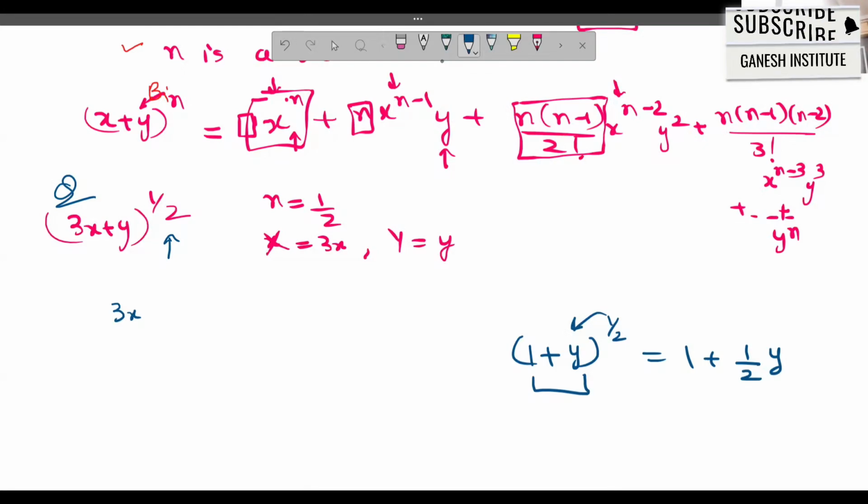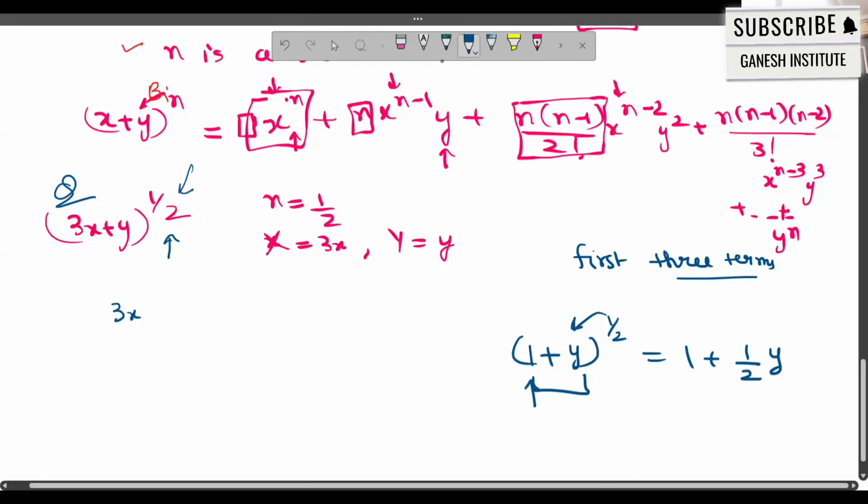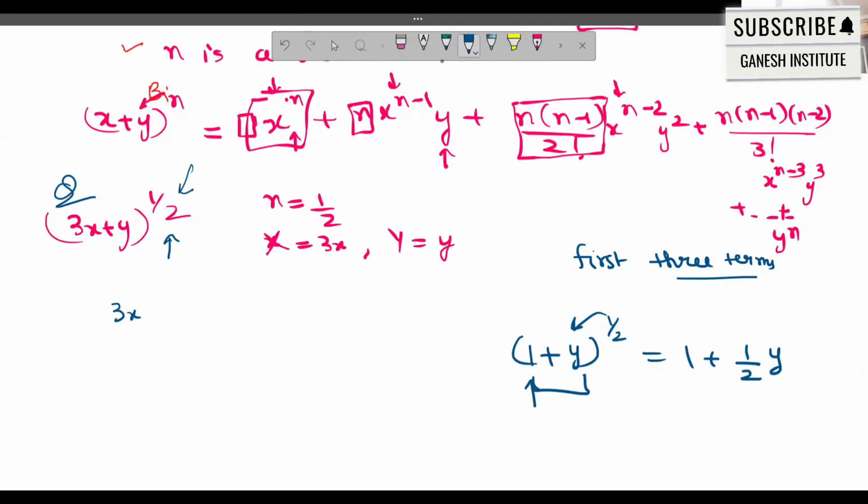So basically, whenever you are given an expansion for a rational number, the question will tell you to expand it only for the first three terms because it is going to be very heavy. And also, they'll try to keep the first term as 1, because that also makes it easier, since 1 raised to power 1 by 2 is 1 only.